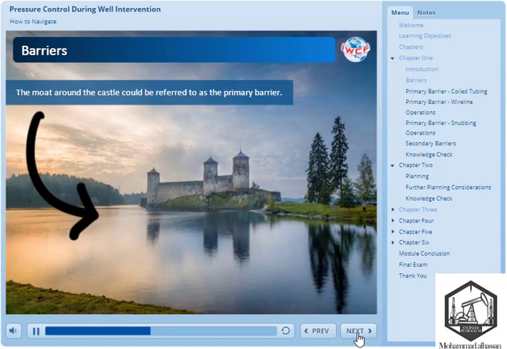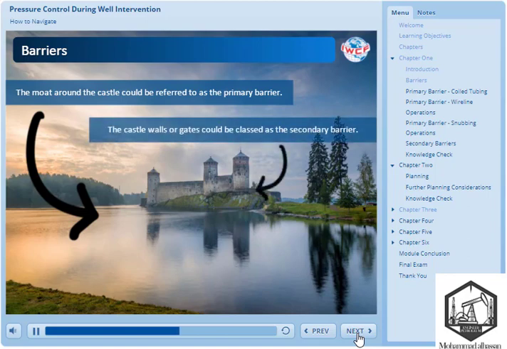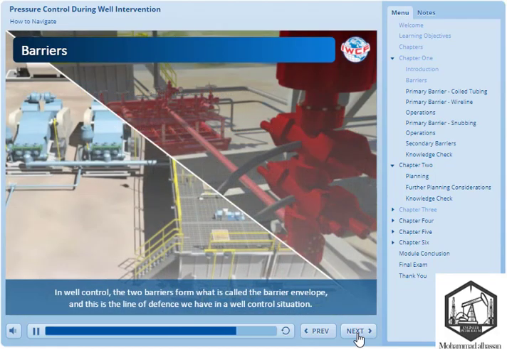If the hordes did manage to get across the moat, then they would be faced with high castle walls and the portcullis or gates. These could be classed as the secondary barrier. As you can imagine, the primary and secondary barriers together would have presented quite a formidable defense against invasion. In well control, the two barriers form what is called the barrier envelope, and this is the line of defense we have in a well-controlled situation.